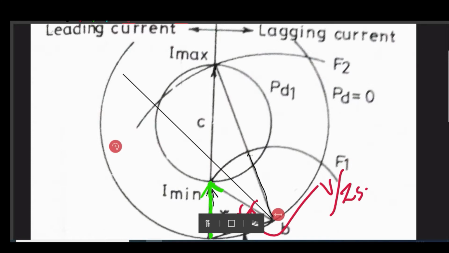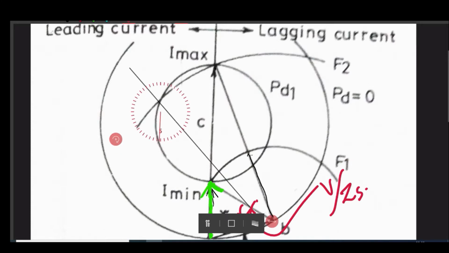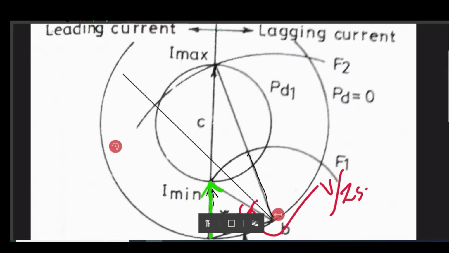Yes, so this gamma gives us the stability information. Any current that is above this gamma, means any current that is greater than this gamma value, will not be considered, right?